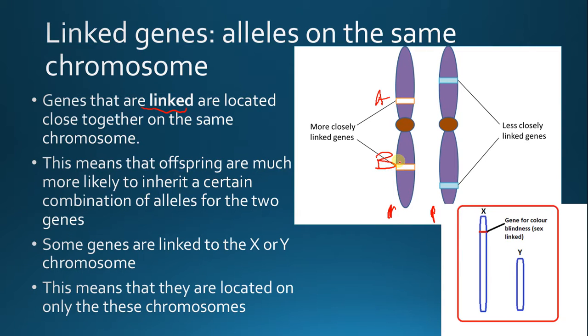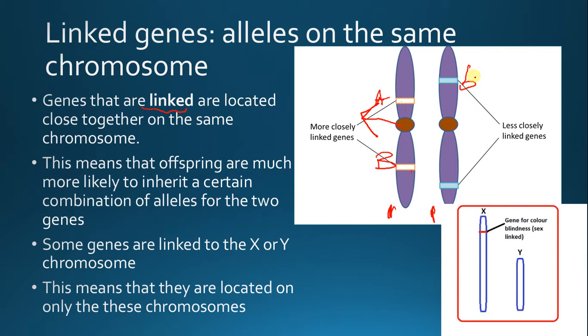That means they're linked. Anytime an individual inherits this chromosome 1, they will get both the dominant A and the dominant B allele. They are closely linked because these two genes are close together on this same chromosome. These two genes are less closely linked.